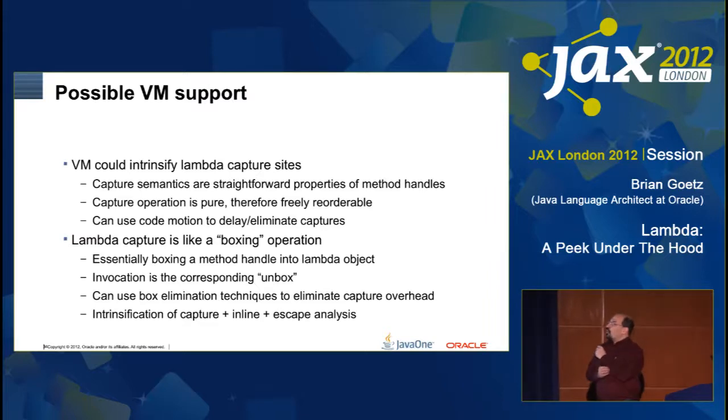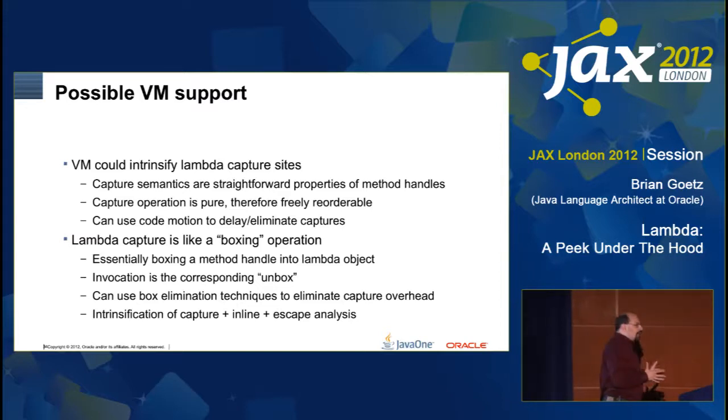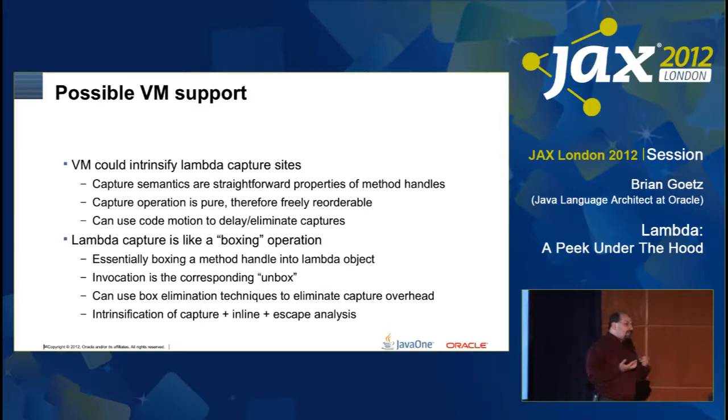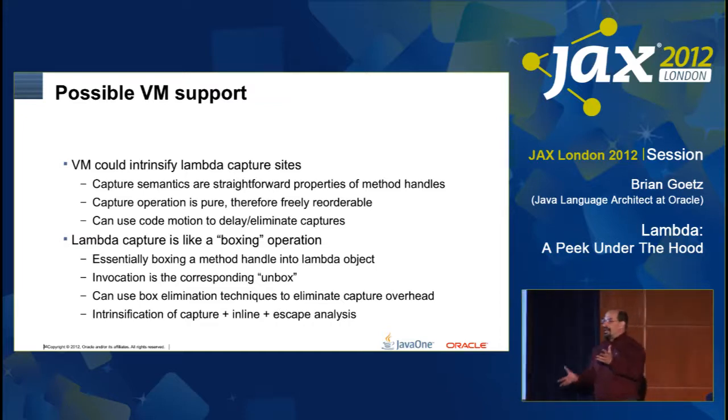So what could we do in the future to reduce that capture cost in those cases? Well, it turns out we've done a lot of work to make the capture semantics and the signature of the Metafactory very simple and map directly to method handle algebra so that the VM can recognize those things and intrinsify them and say, oh, yeah, I see you're doing invoke dynamic, but I see that the bootstrap is Lambda metafactory, and I know the semantics of that. That's really these method handle semantics that I already understand.